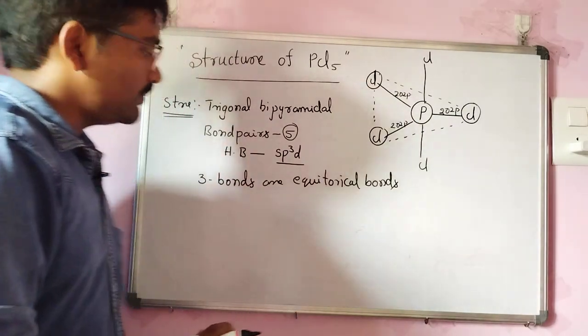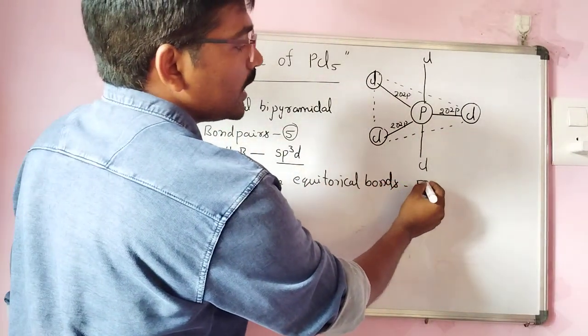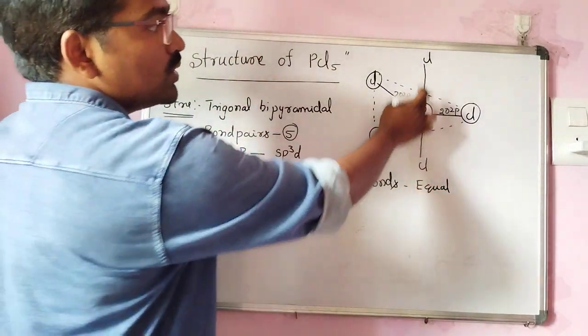So the 3 equatorial bonds contain equal distance.